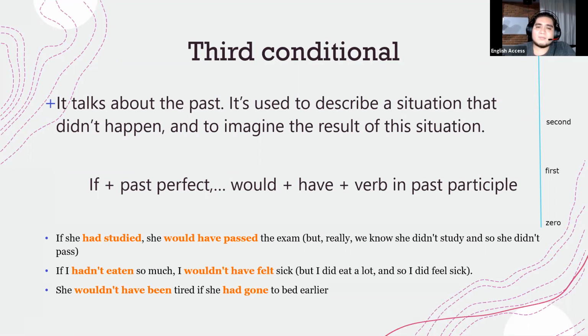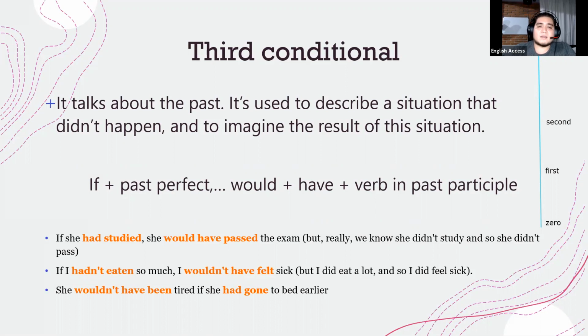So we mostly use the third conditional for regrets, but also to imagine how something would have ended up, like a different outcome for a situation in the past, correct?